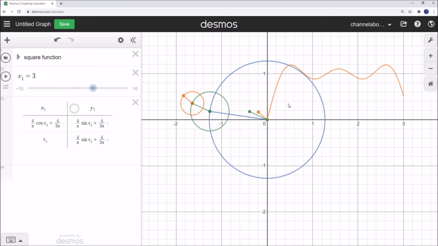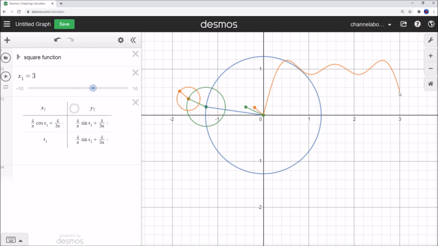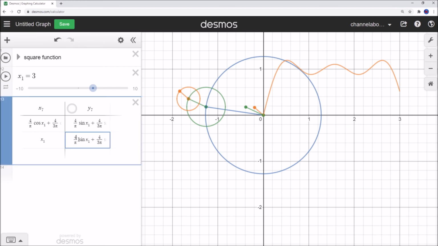Now the other point that we're looking to get is the point here on our square function. Well, the x coordinate of the point in our square function is easy enough, it's just our value of x1, and then the y coordinate of our function is simply going to be this height here, which again is just going to be 4 upon pi sine x1 and 4 upon 3 pi sine 3x1 and 4 upon 5 pi sine 5x1, just the same as we had above here.